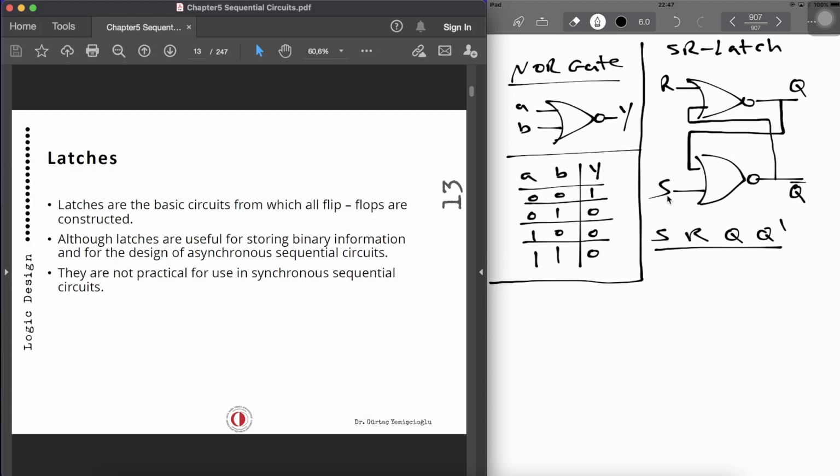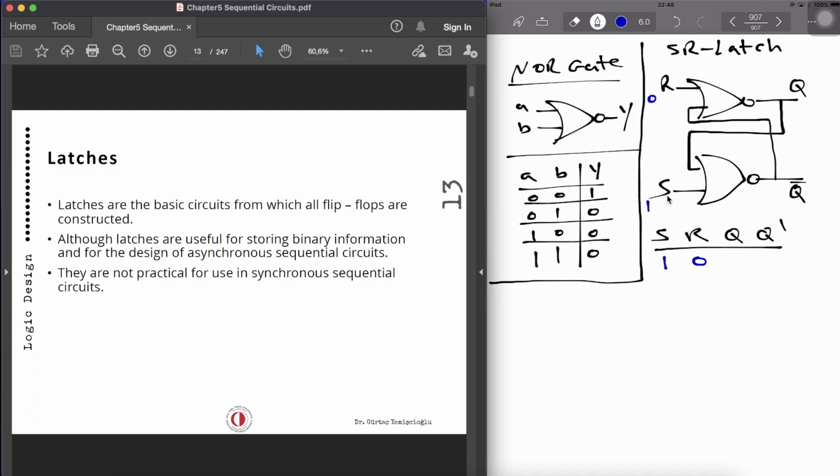I'm not going to go in order; I just want to show how this is going to operate. At the first instance, let's say S is 1 and R is 0. That means set is 1 over here.